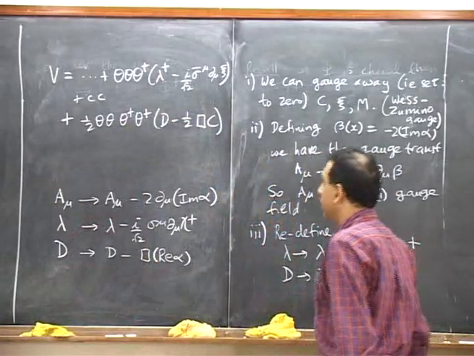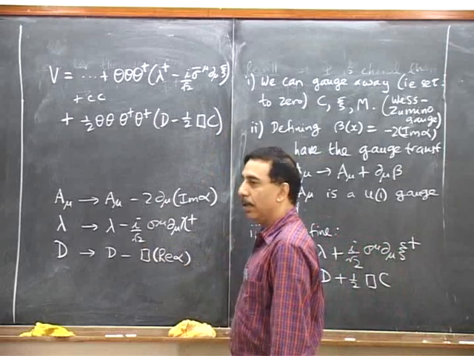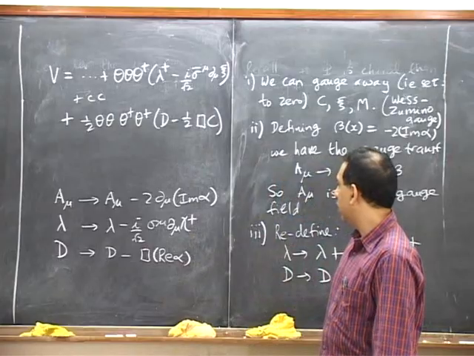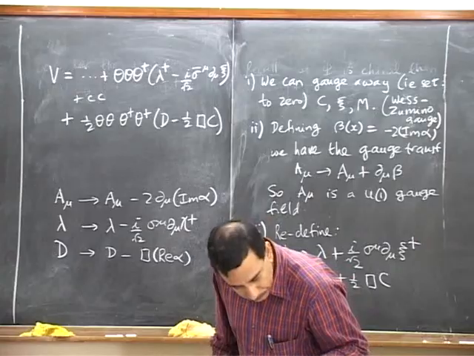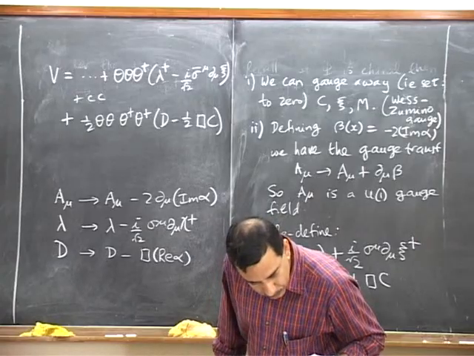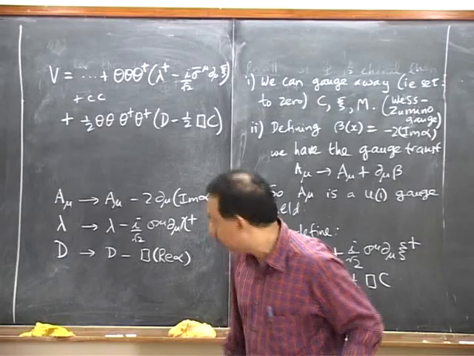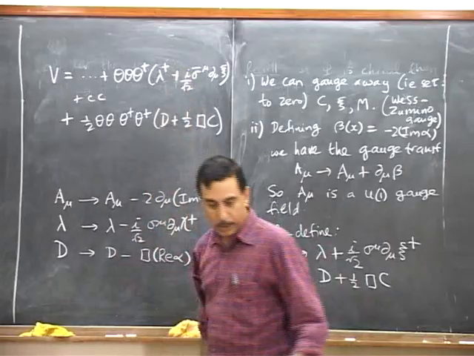And now what happens is that when C shifts by a constant and D shifts by this amount, the two effects cancel each other. Although I'm afraid that it's not looking like they do now. D plus half box C is the inverse, so this should have been plus, and this I think should also have been plus.